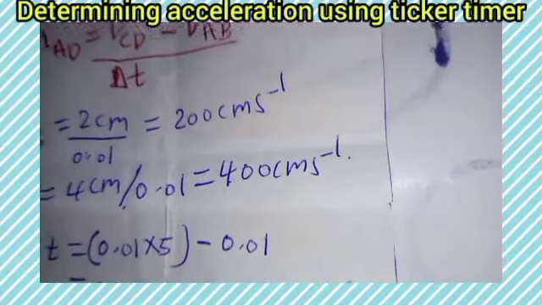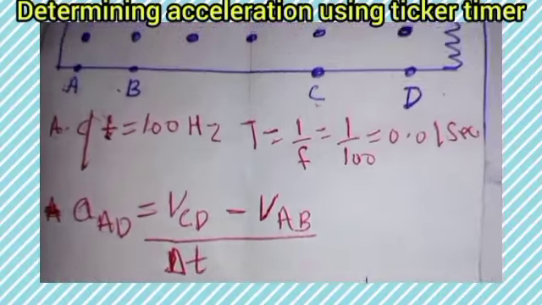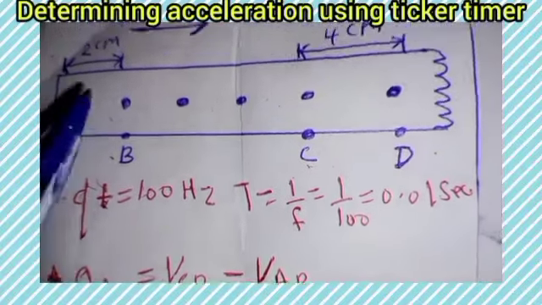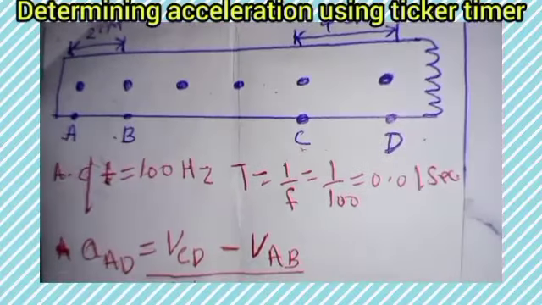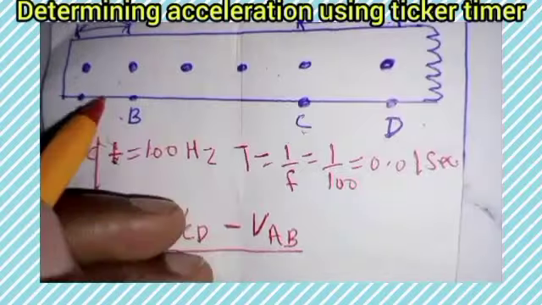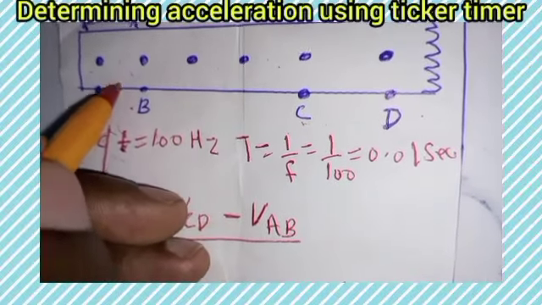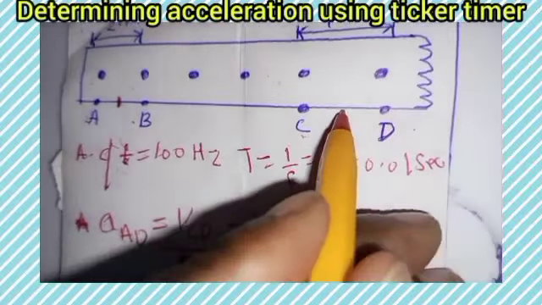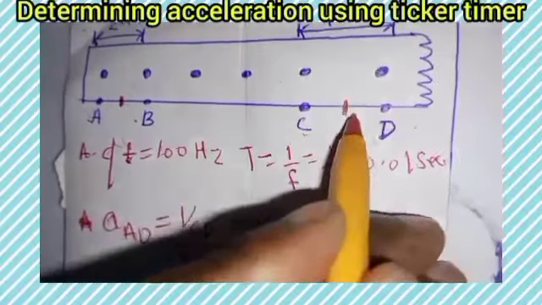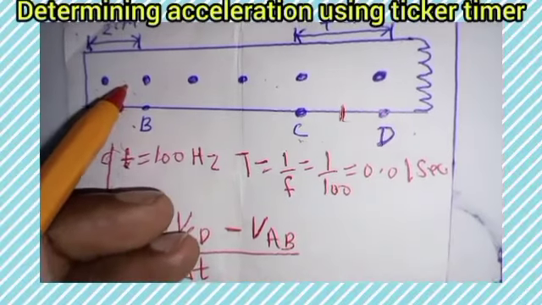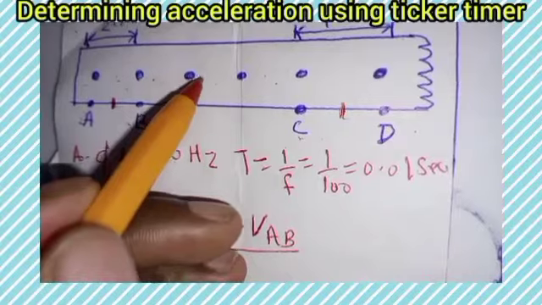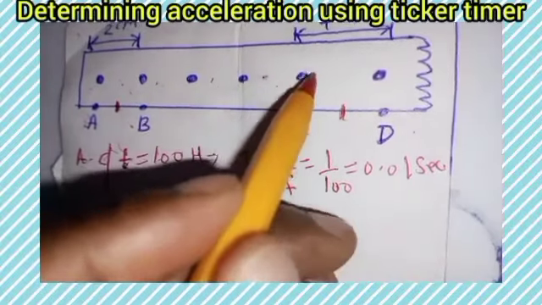So note here, student, that there is another way you can determine change in time, by beginning from the middle of the first dot to the middle of the final dot. So here you have 1, 2, 3 and a half.